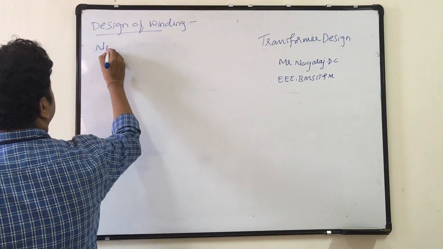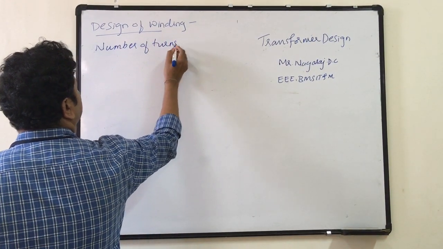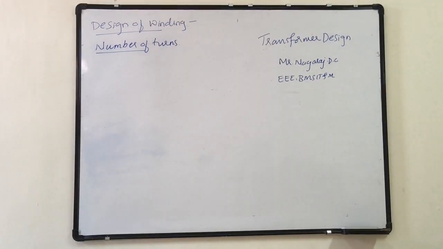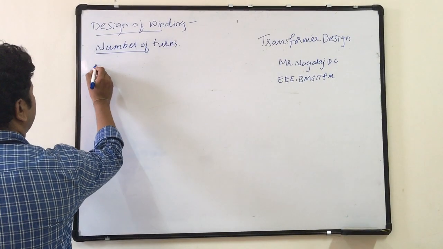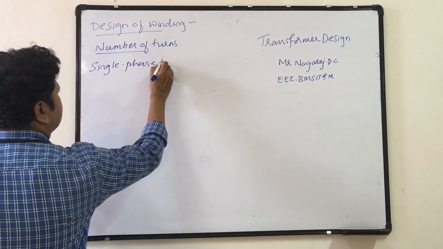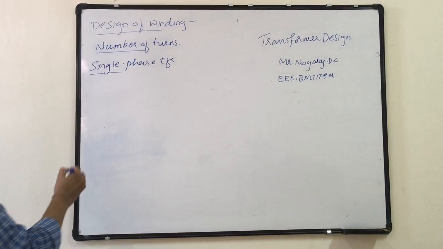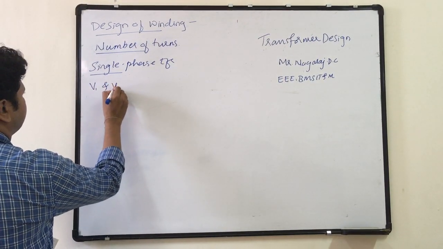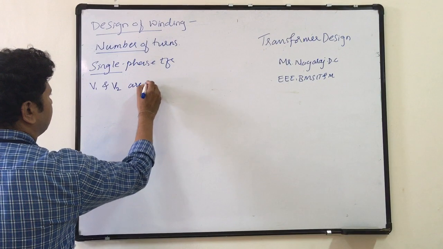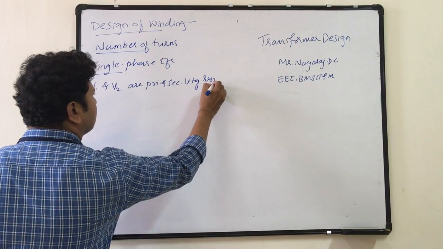For number of turns, we always take the number of turns per phase. Whatever values we calculate will be on a per phase basis for multi-phase machines. First for a single phase transformer, we have V1 and V2, the primary and secondary voltage respectively.